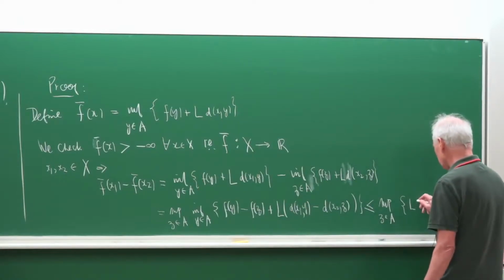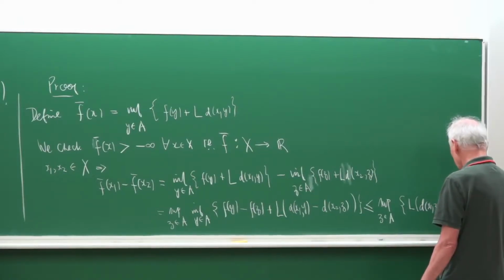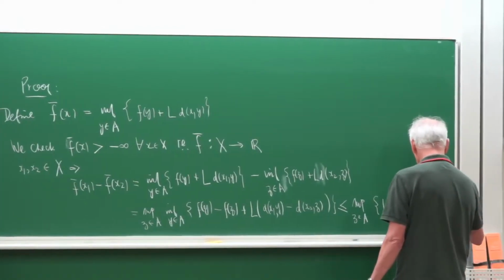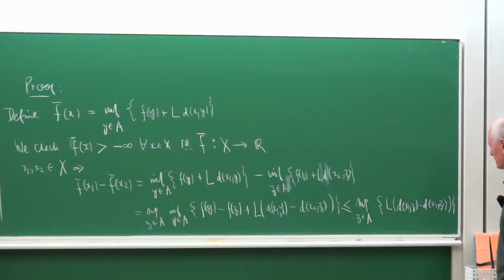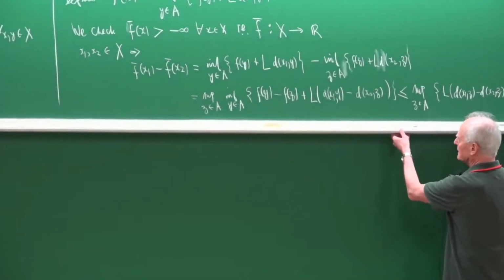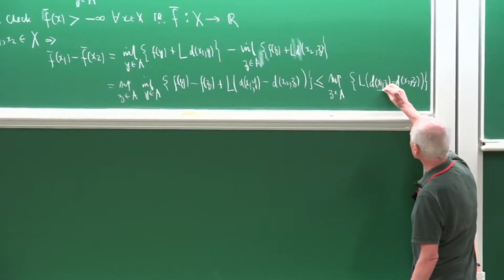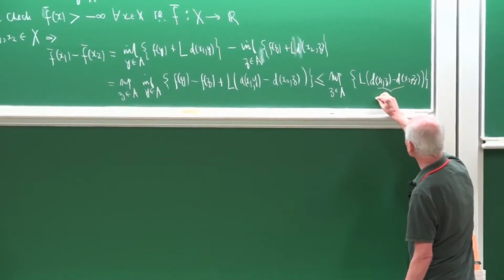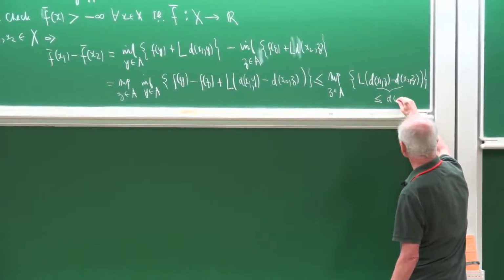So this is L times d(x1, z) minus d(x2, z), a sup of that. But now we can use the triangle inequality. One of the versions of the triangle inequality says that this is less than or equal to d(x1, x2).